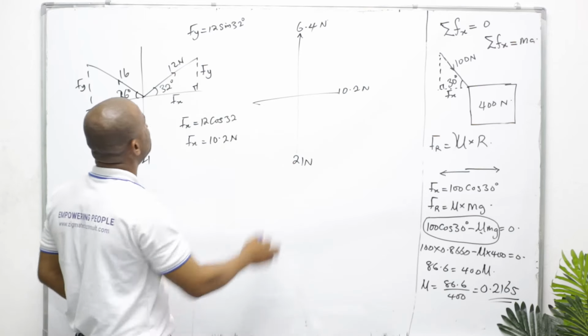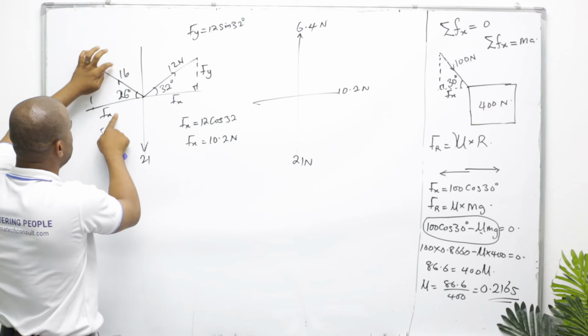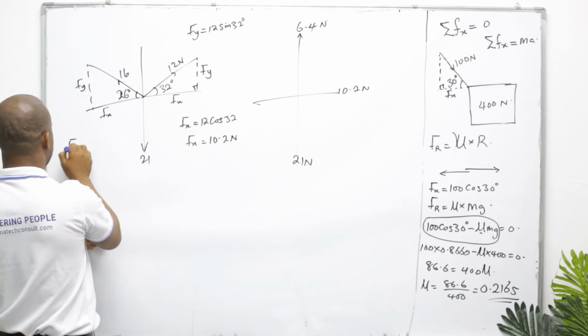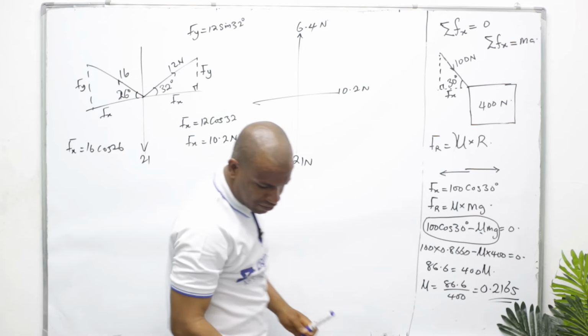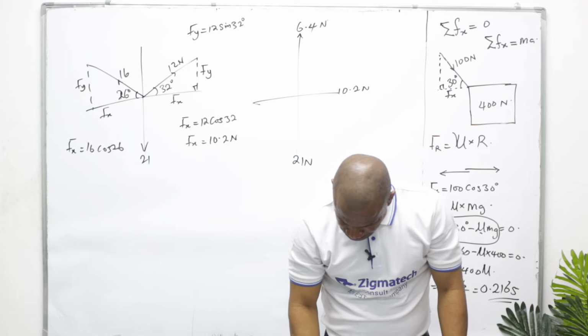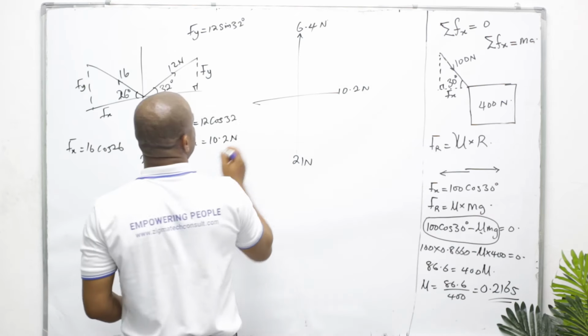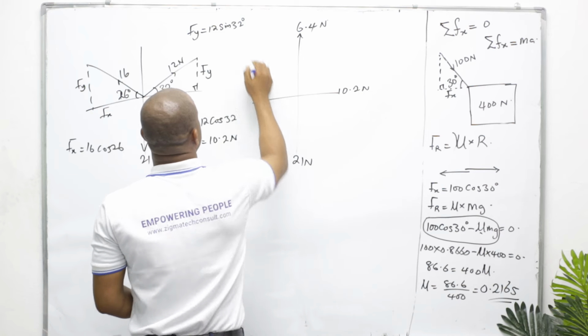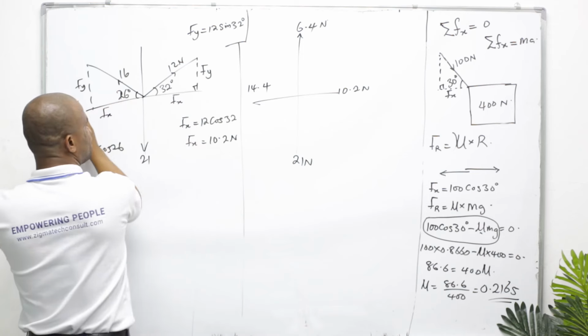Alright, so 6.4. The same thing we are going to do here. Adjacent over hypotenuse, cos. Fx is going to be 16 cos 26, which is 14.4. So this is going to be 14.4 in this direction.